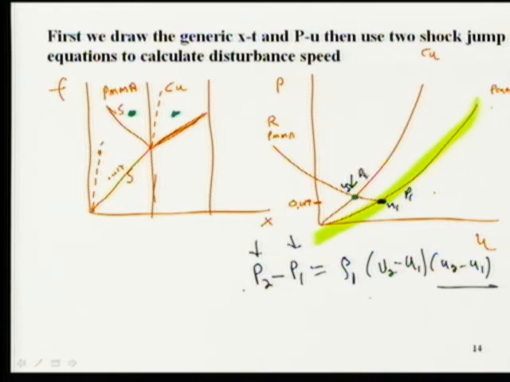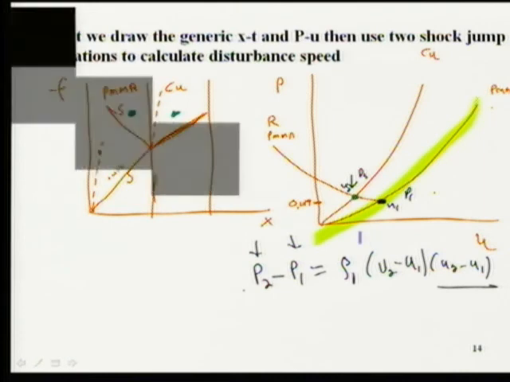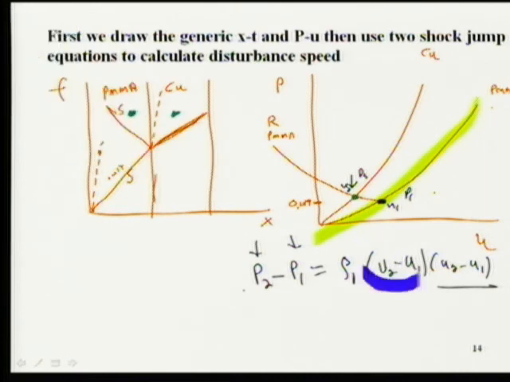So the only thing we don't know in this equation is the Eulerian, U2 minus little u1.